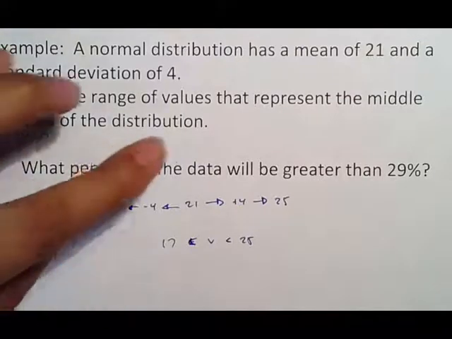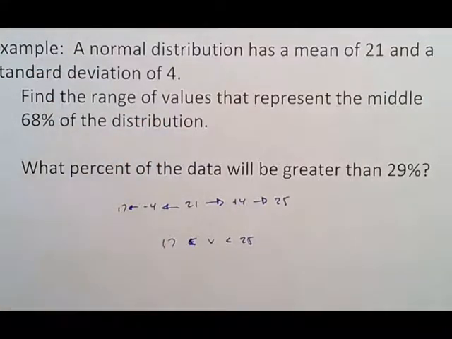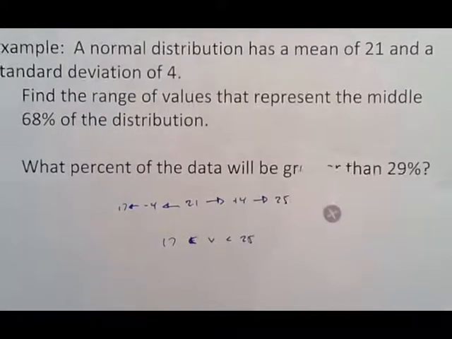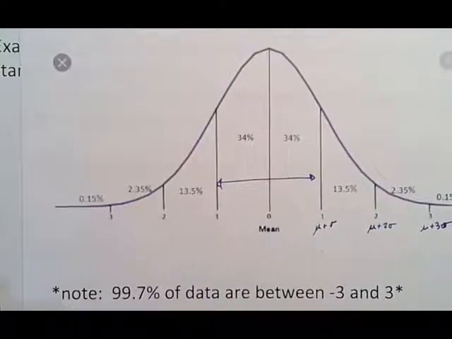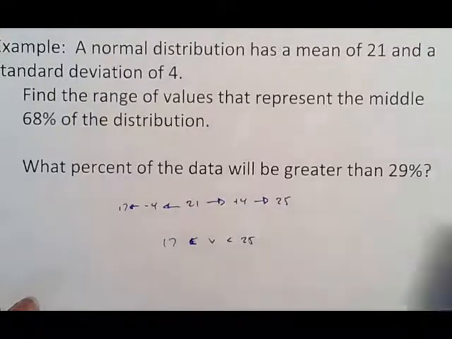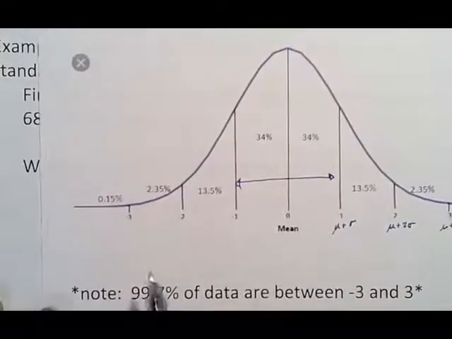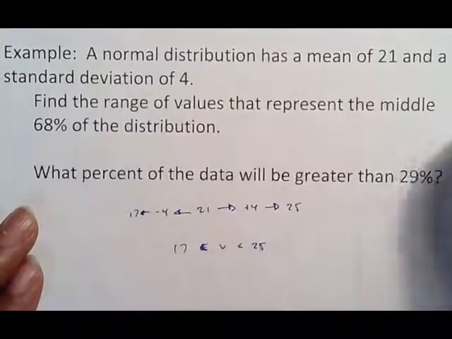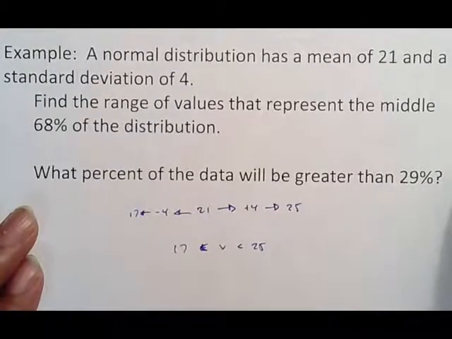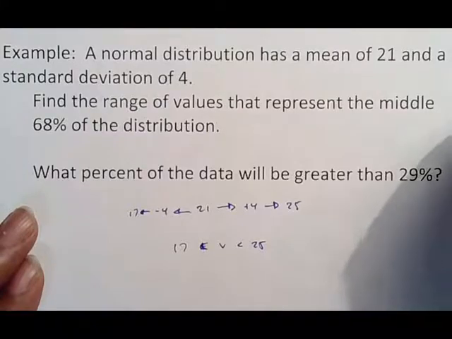I put it in the wrong spot. That's supposed to be up there. What percent of the data will be greater than 29%? Interesting. I think I typed that wrong. Greater than 29%. I think you have to do that. I'm pretty sure they want to know what value is going to be greater than 29%.